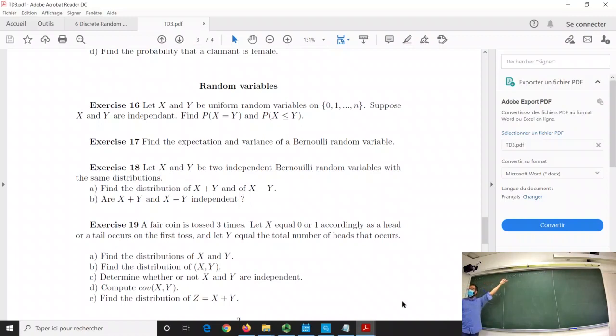They will be equal if they take the same value. That is, they are both equal to 0, or they are both equal to 1, or they are both equal to 2, and so on. So one possibility is to write this as a disjoint union.